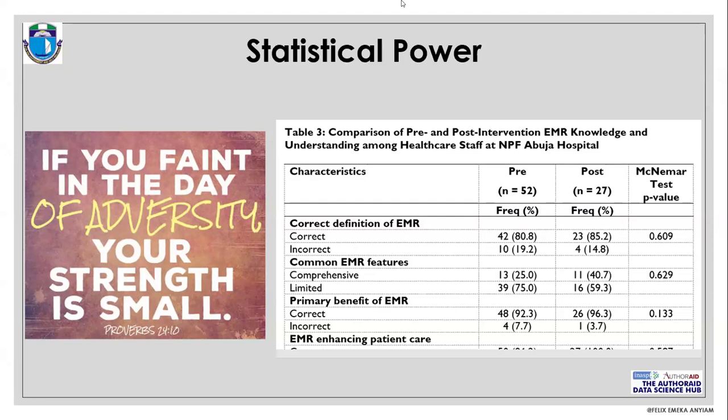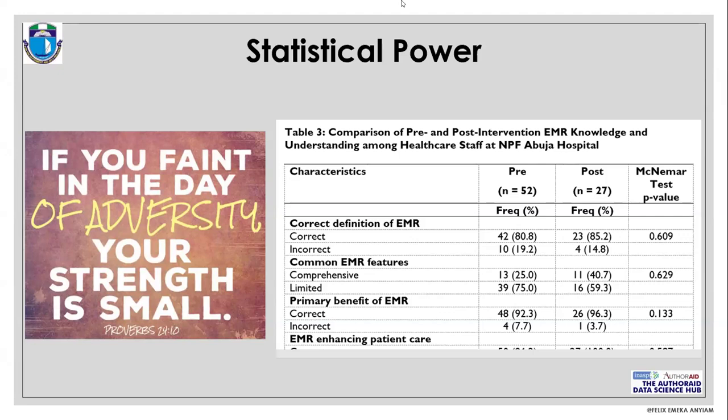So for example, now someone wants to do a study and they say, oh, I don't have time to collect enough data. Let me just use 50 participants. And you now use 50 participants and you begin to do an association. You now find out that there's no significant difference for any of them.